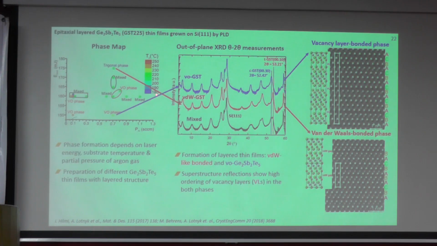Here you have crystallization, or epitaxial growth, between 180 and 250 degrees on a silicon 111 substrate. Depending on the substrate temperature, laser energy, and background pressure in the system, here in this case argon, you can produce either a vacancy ordered phase or a van der Waals like bonded phase, or a mixture of these phases.